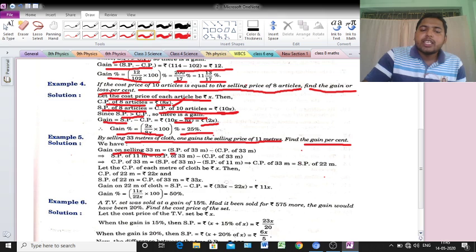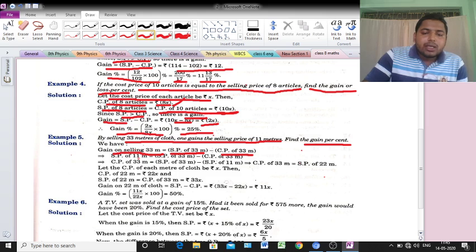So here it is written SP of 33 meters minus CP of 33 meters. Clear or not? Gain on selling 33 meters equals SP of 33 meters minus CP of 33 meters, because gain equals SP minus CP. Now SP of 11 meters equals SP of 33 meters minus CP of 33 meters.